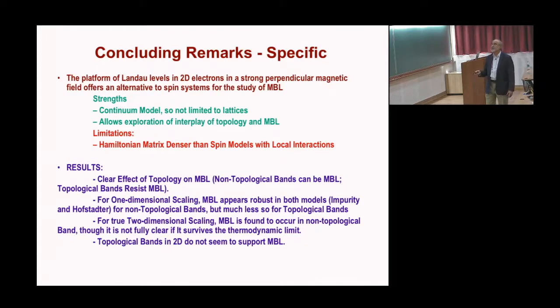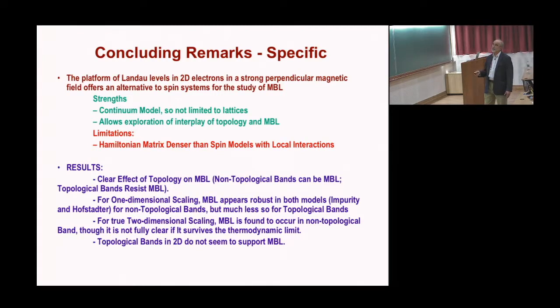In terms of results, the topology definitely has a clear result. Non-topological bands can be many-body localized. Topological bands resist many-body localization very, very strongly. As far as I know, nobody has been able to get them to localize. For one-dimensional scaling, it's robust for both the impurity band and the Hofstadter model, but it's much less so for topological bands.